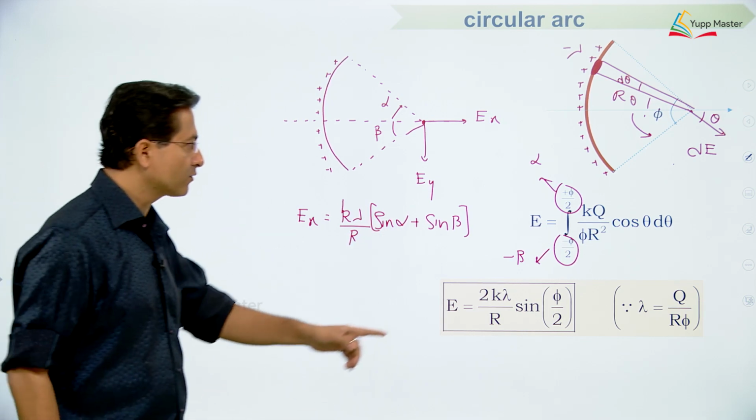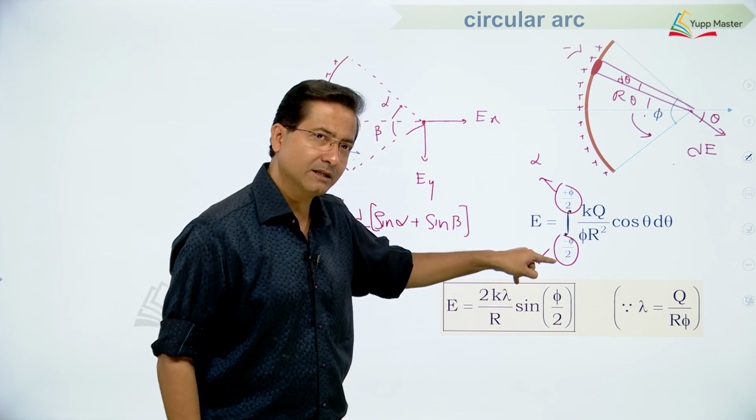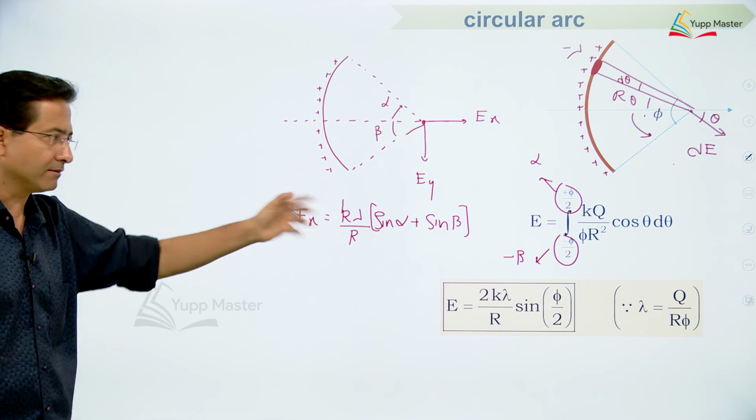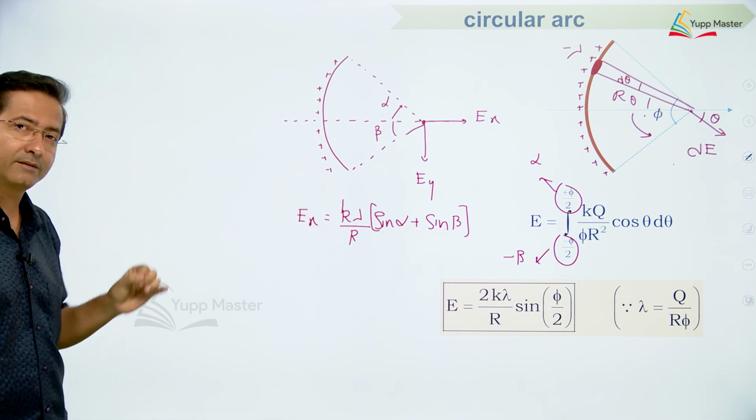For the x component, integration of cos will give you sine, we have changed the limits, we will get this one, right. Only a small change in the formula we have derived, right.